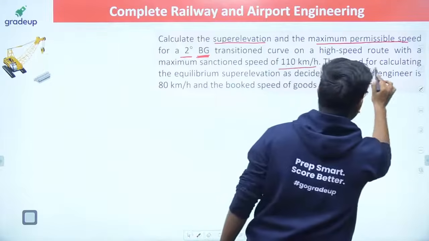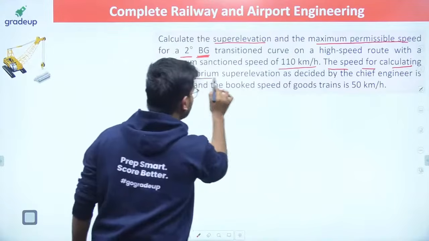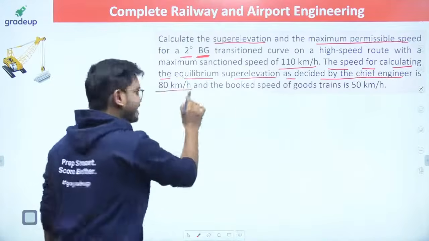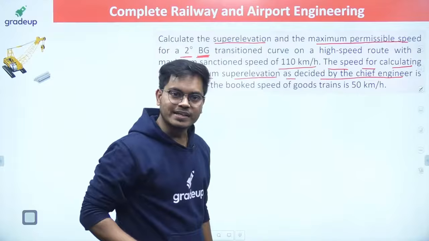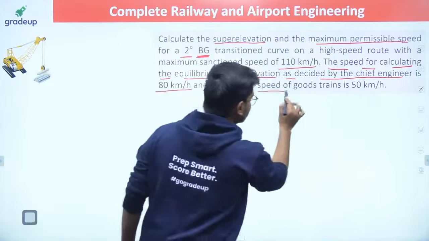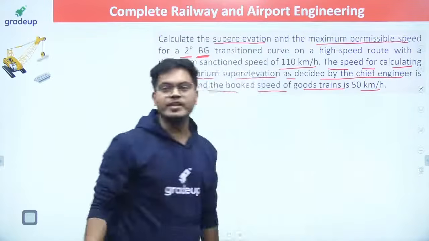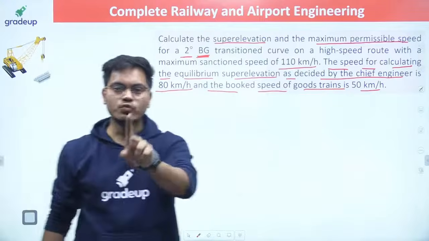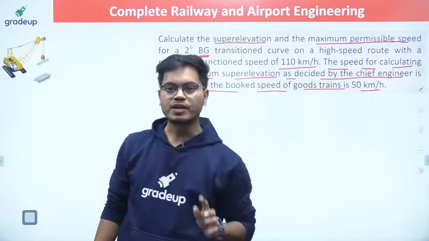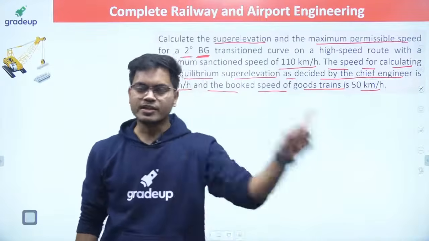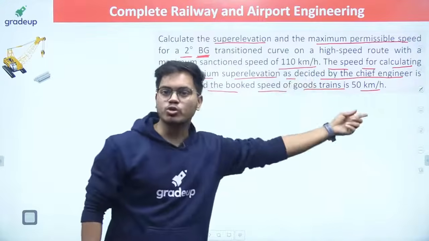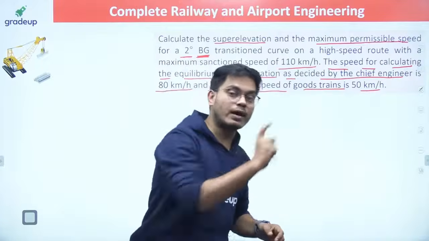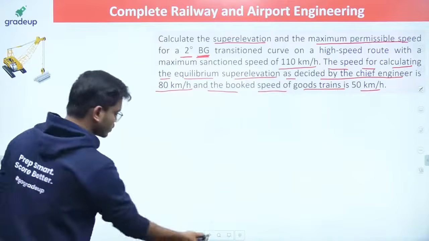The speed for calculating the equilibrium super elevation as decided by the chief engineer is 80 kmph. And the booked speed of goods train is 50 kmph. We are going to solve this question and you will not get any doubt in it, trust me. Then I will tell you one more question, with different values, and something else also happens in that question. But first let's solve this question.